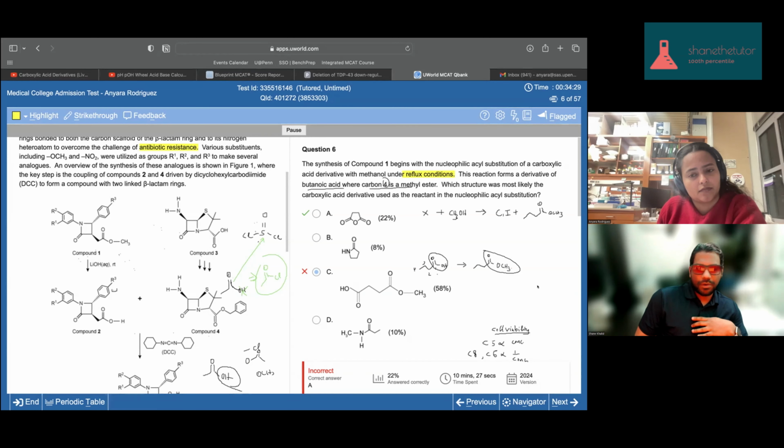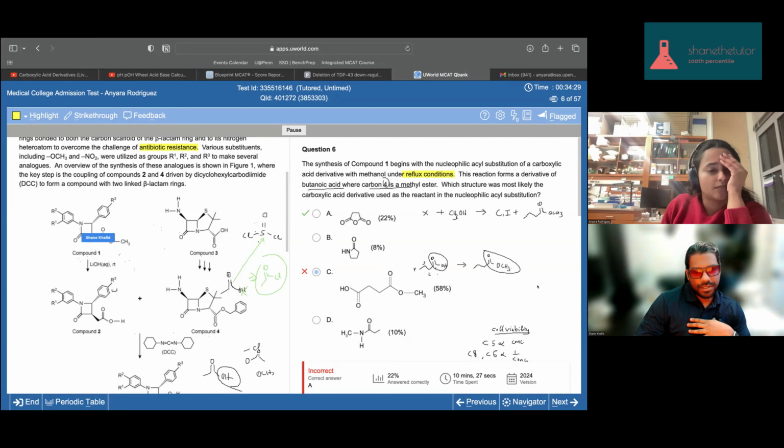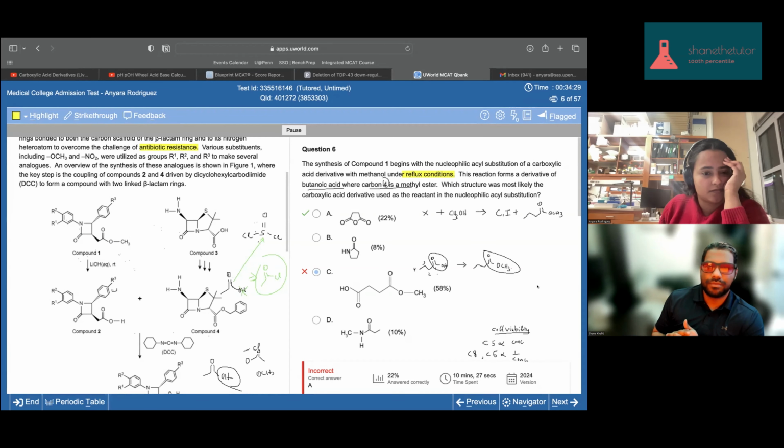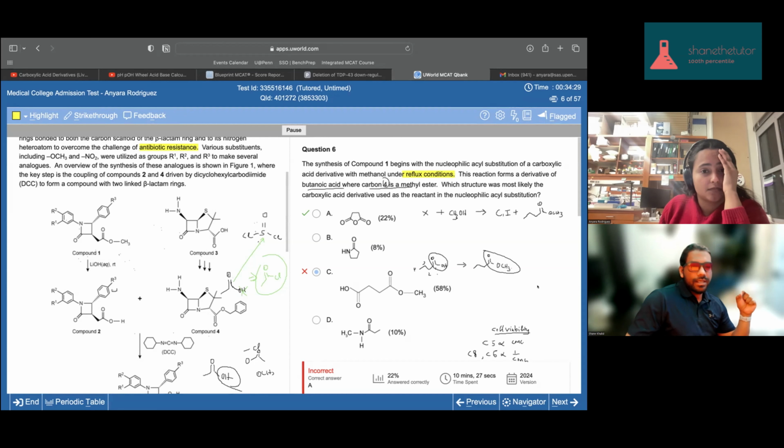So now we just have to figure out what that starting compound was. We know that compound one looks like this. So what could we start off with?